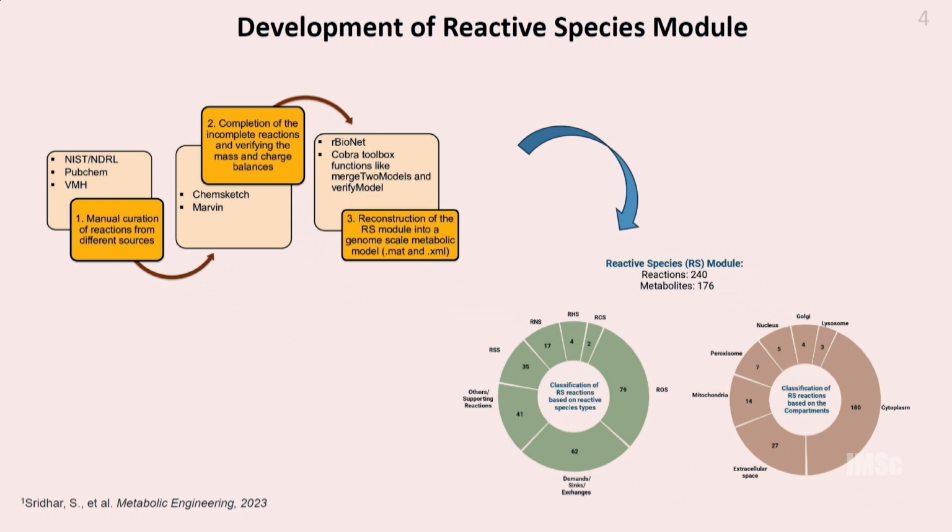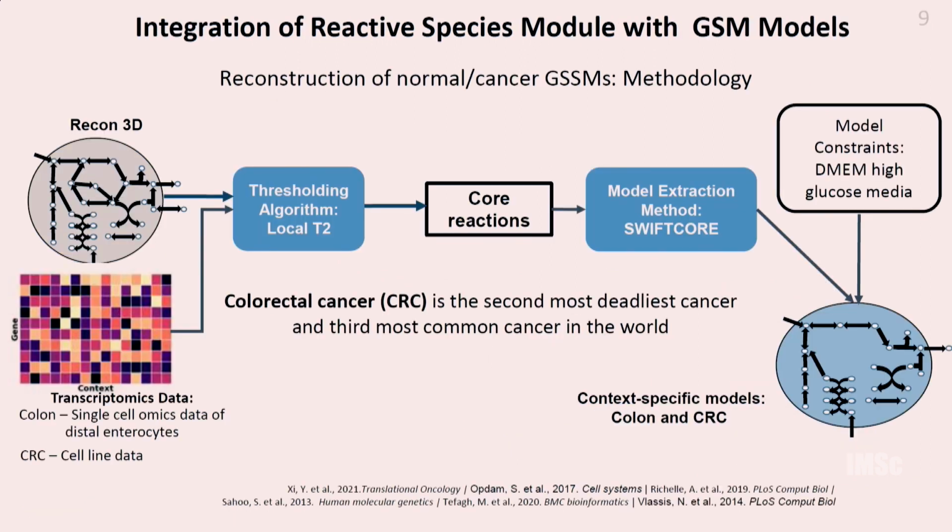Once we have that, we want to integrate this module with standard genome-scale models and try to understand whether there is any difference in understanding cancer metabolism. What we did is build a context-specific model, meaning a model for a particular context. In this case, we chose CRC, colon cancer. One of the reasons for choosing colon cancer is that GK was already working with this cancer and has some experimental data as well as more experience working with it.